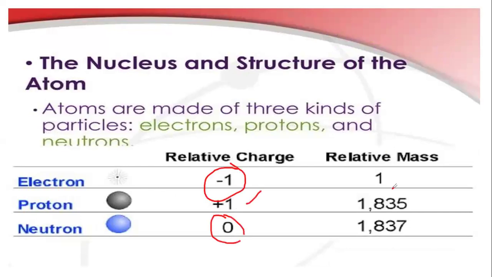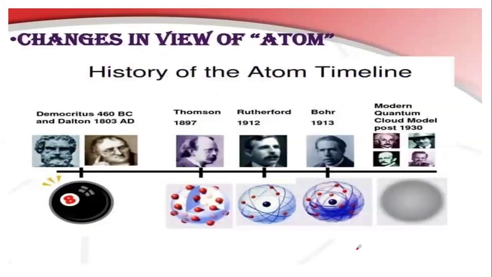And those are the relative masses that you have for these subatomic particles. Now we go to the evolution, meaning the history: what say did these different scientists have on the atom?